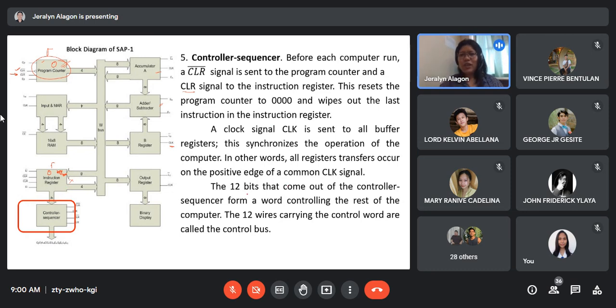So karon, the 12 bits that come out of the controller sequencer. This is the controller sequencer. So this is the control ni siya class. Meaning 12 bits ang naa diri ha. Kung tan-awon mo na, it corresponds to 12 bits nga control. It forms a word. Di word ng English word, no?